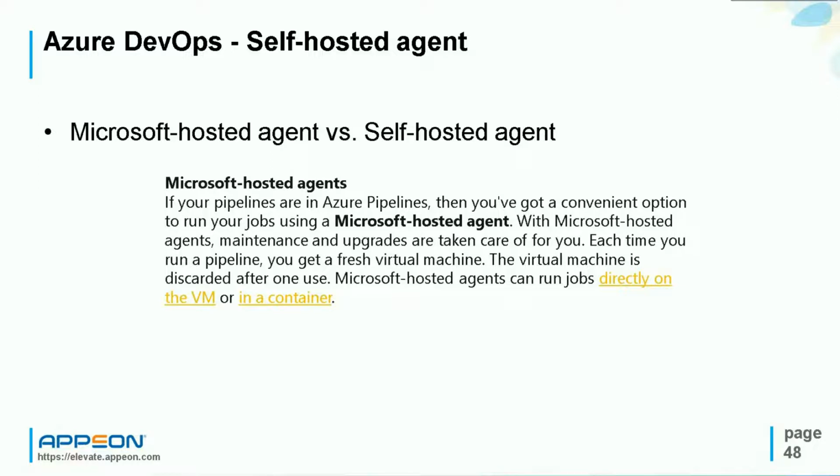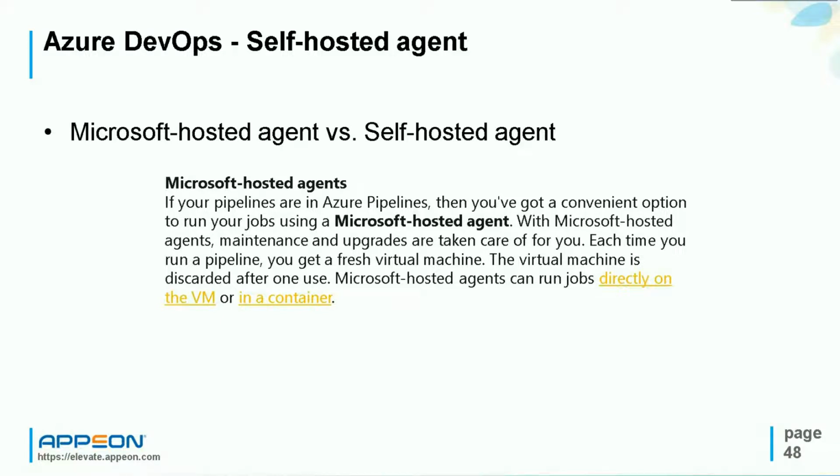So this is a blurb from Microsoft. It says, Microsoft hosted agents. If your pipelines are in Azure Pipelines, then you've got a convenient option to run your jobs using a Microsoft hosted agent. With Microsoft hosted agents, maintenance and upgrades are taken care of for you. That sounds really nice. Each time you run a pipeline, you get a fresh virtual machine.